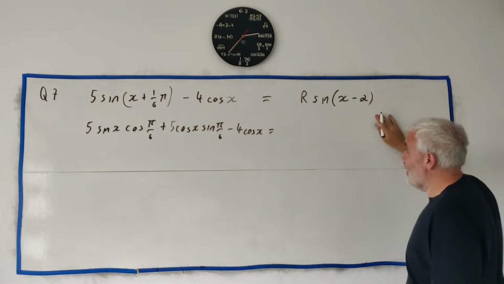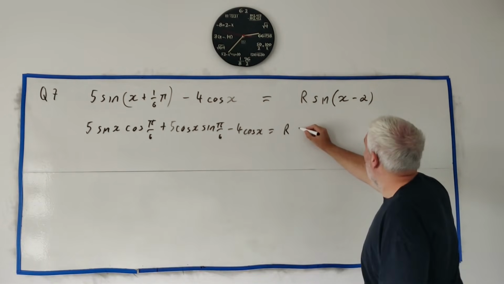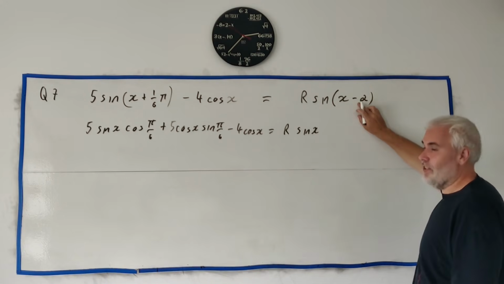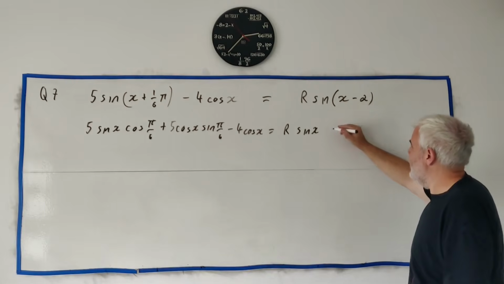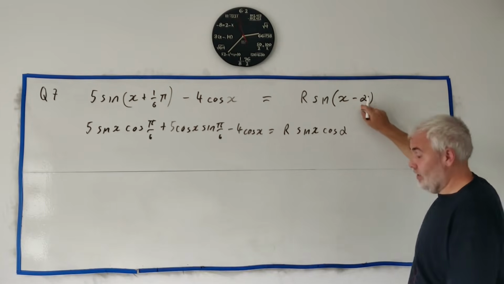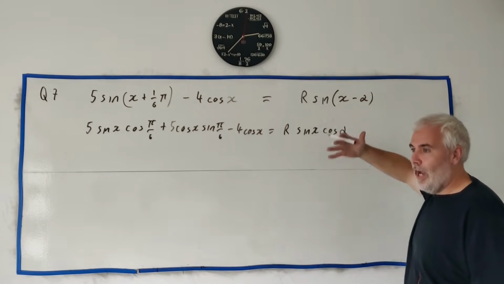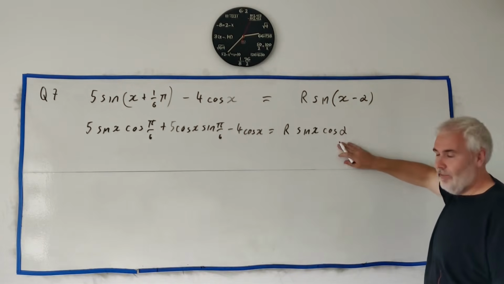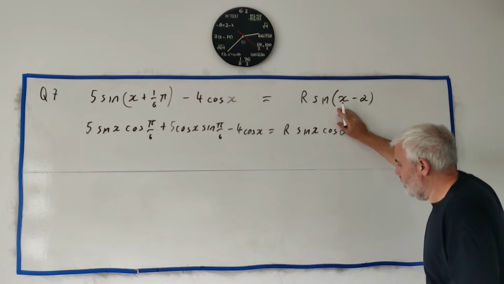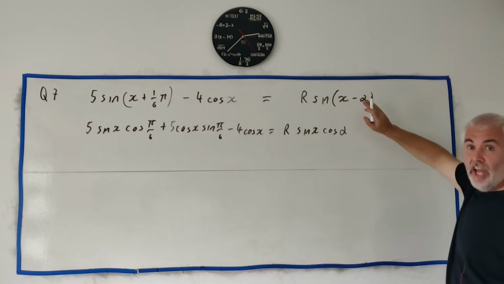On this side, let's expand this out as well. We have sine of the first angle again, multiplied by cosine of the second angle. The second angle is a minus, so cosine of minus alpha is the same as cosine of alpha. Plus cosine of the first angle multiplied by sine of the second angle.